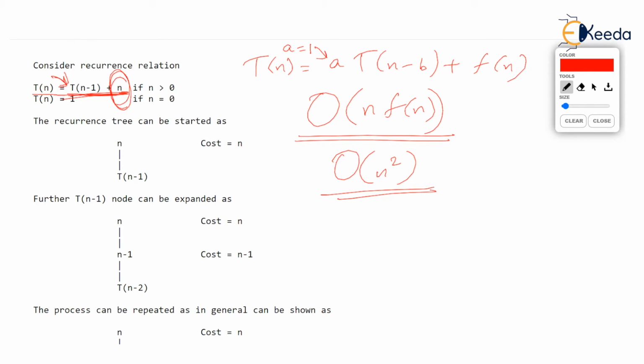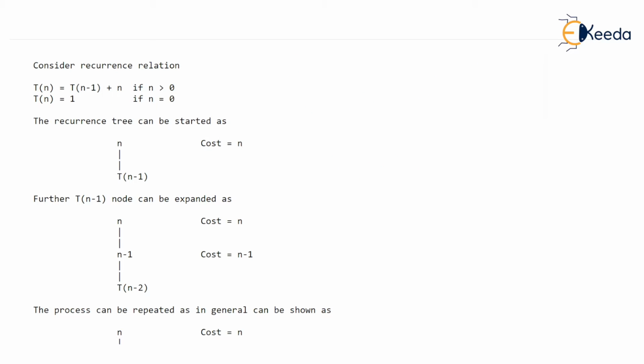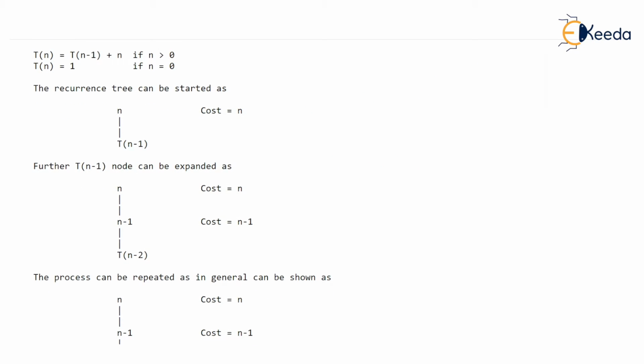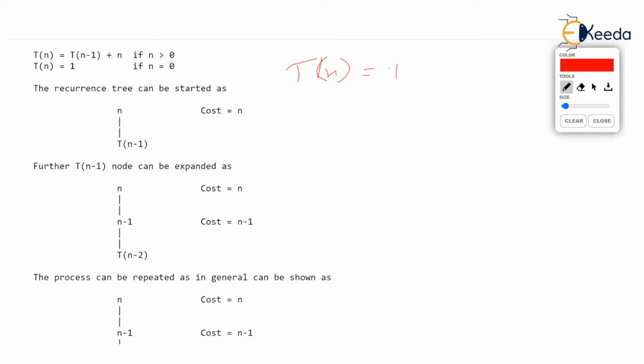But then what if we are drawing a tree for this? Let's see. I'll redraw the tree again over here, although it is drawn on the left. What is given is Tn is Tn minus 1 plus n. So how will you draw the tree? This additive term n becomes the root, and it will have a single child Tn minus 1 because n is getting added with Tn minus 1, isn't it?